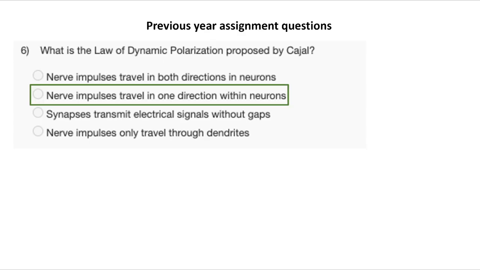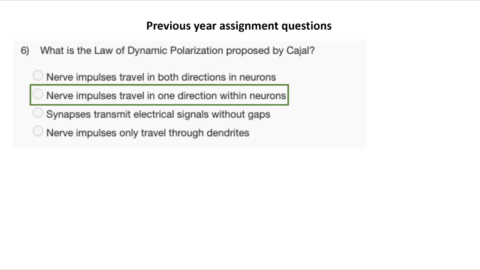This polarized flow of information happens from dendrites to the cell body to the axons. So he said that nerve impulses travel in one direction within neurons, because of several observations, including the fact that in the sensory systems the dendrites face the outer world, followed by the cell body, and then by the axons.